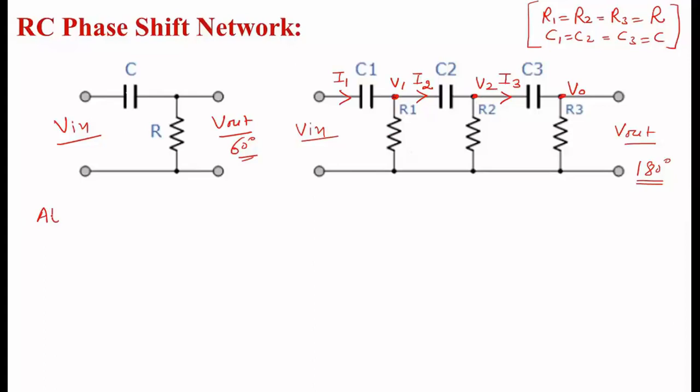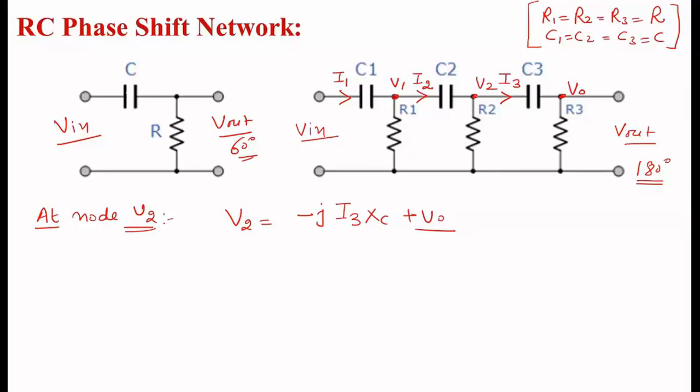Let's calculate the various voltages and currents. At node V2, applying KVL, V2 is equal to minus j I3 XC plus V naught.